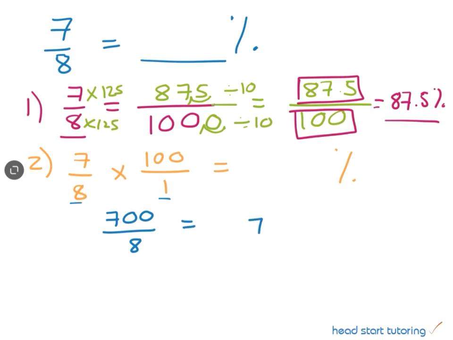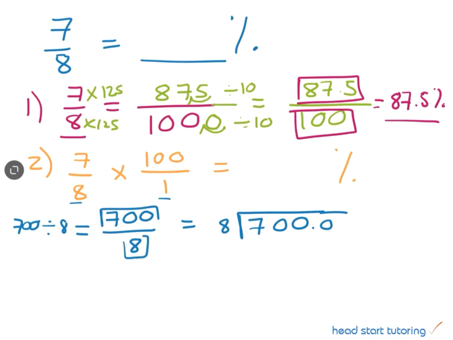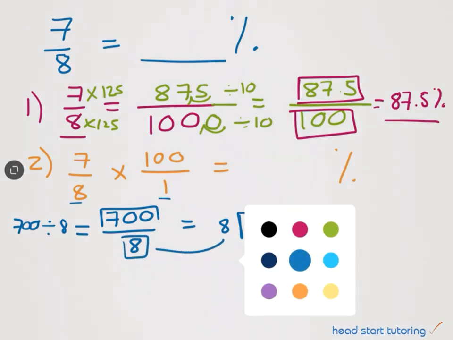And then we're going to put 700 inside our division house and 8 outside our division house, because 700 over 8 is equal to 700 divided by 8. So we remember to put our numerator inside the house and our denominator outside the house.